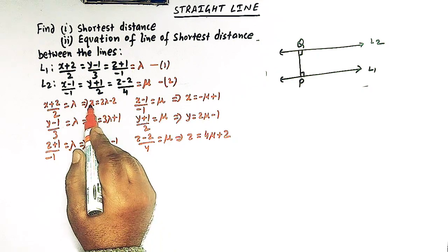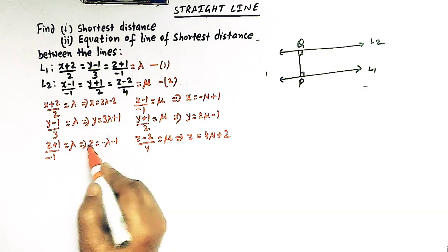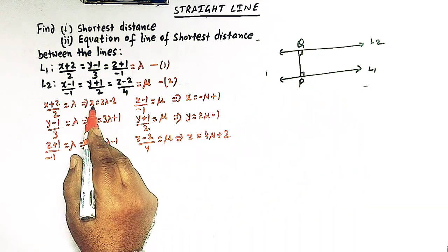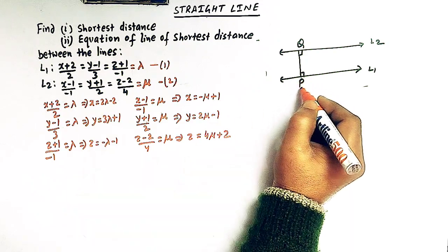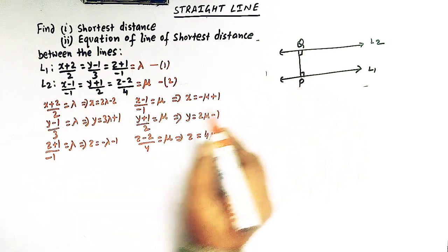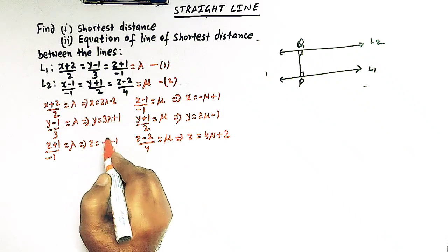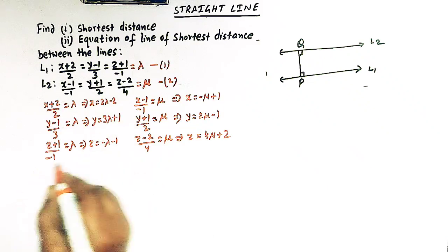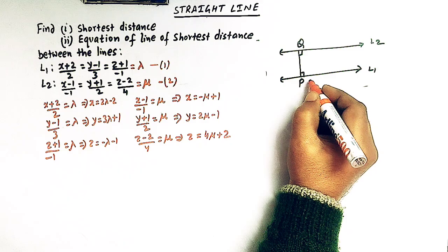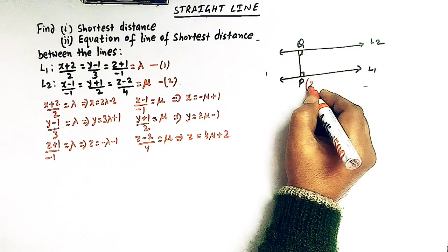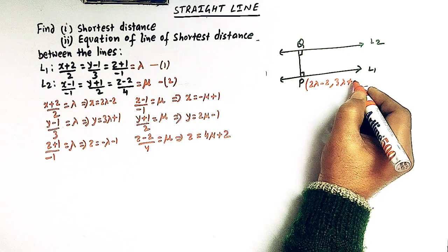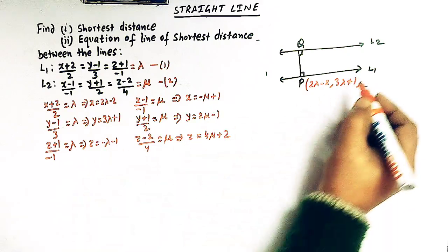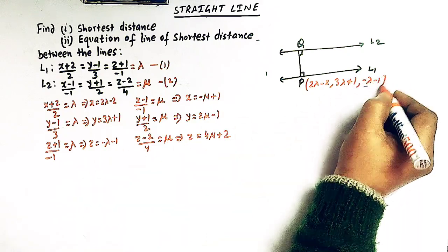So these x, y, z give us the coordinates of point P for some value of lambda: 2 lambda minus 2, 3 lambda plus 1, and minus lambda minus 1.